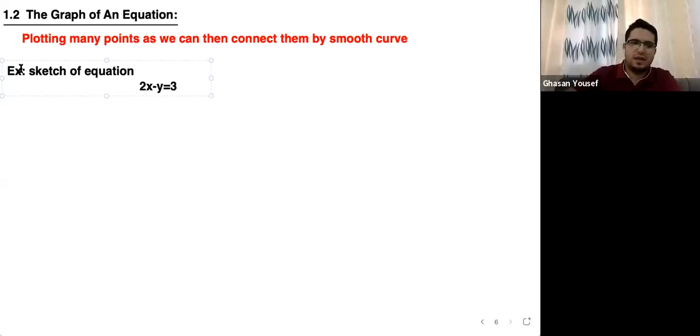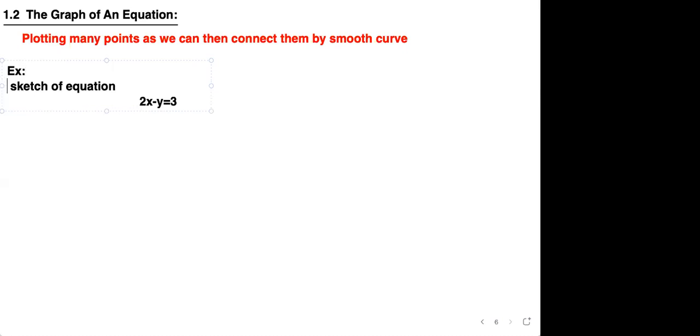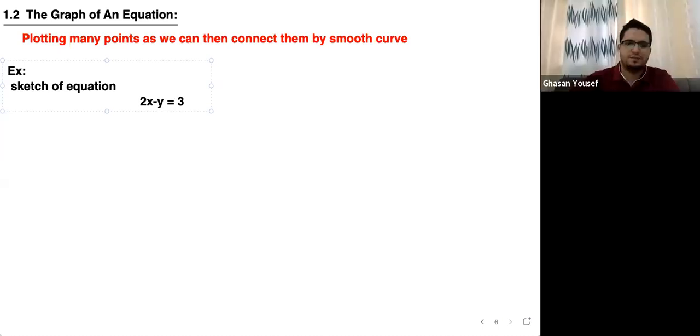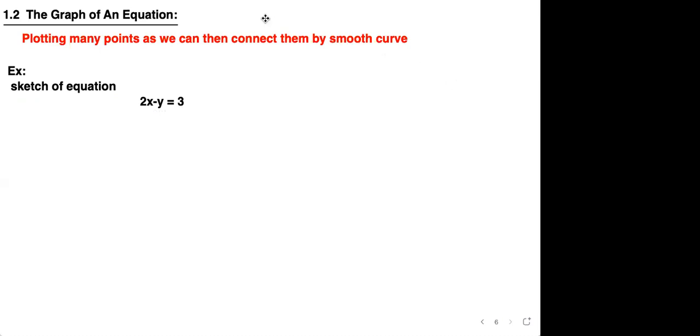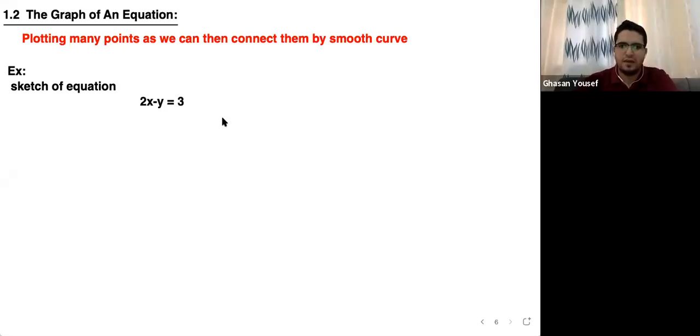So how can we sketch this equation? What should we do first? How can we graph this equation? Any idea how we can graph an equation like this?